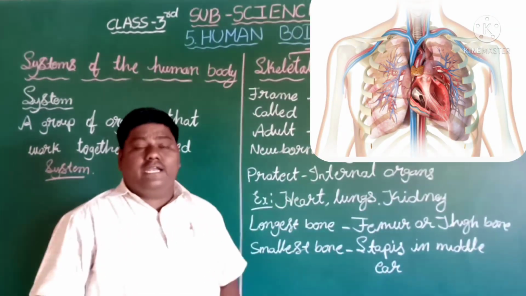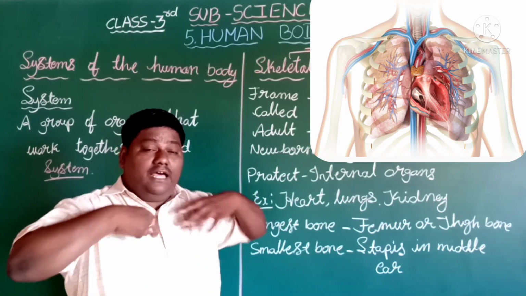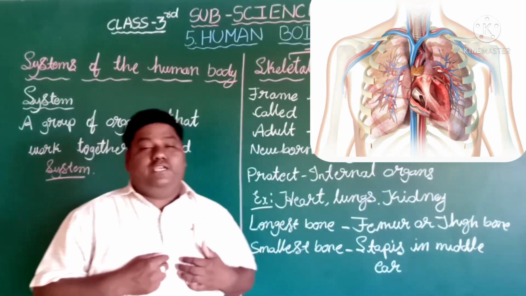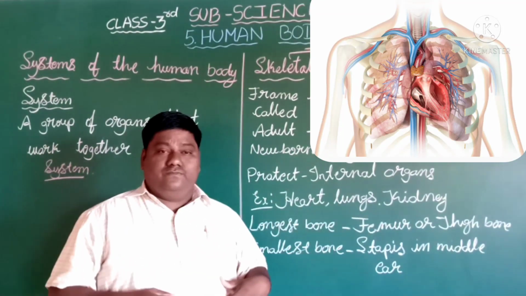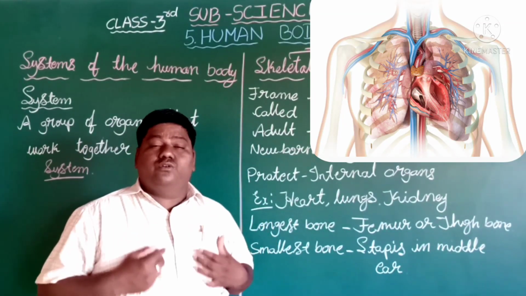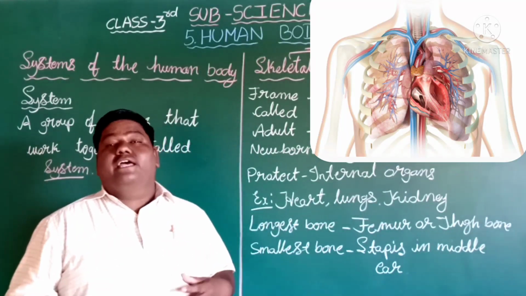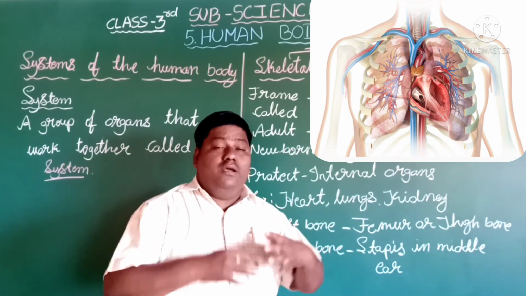Where is it located? The heart is located in the rib cage, on the left side of the rib cage. And the lungs are also protected by the rib cage. The rib cage is made up of only bones.